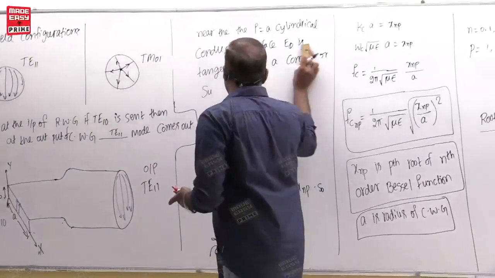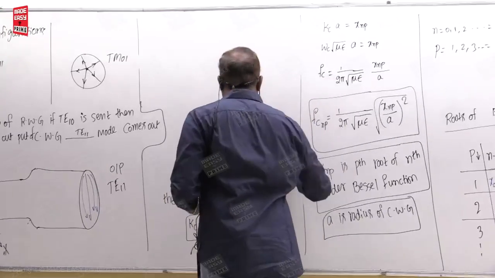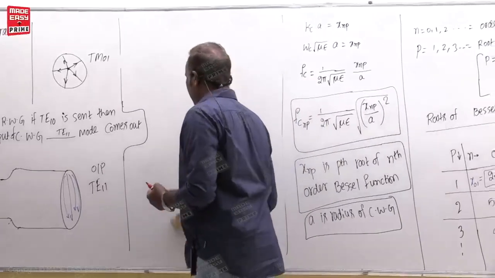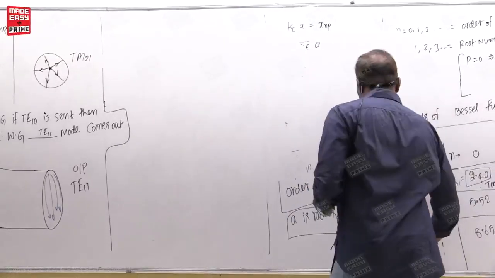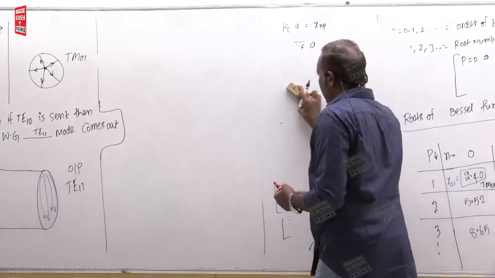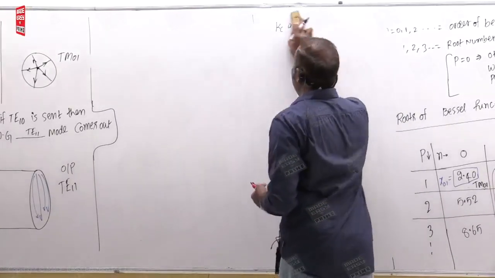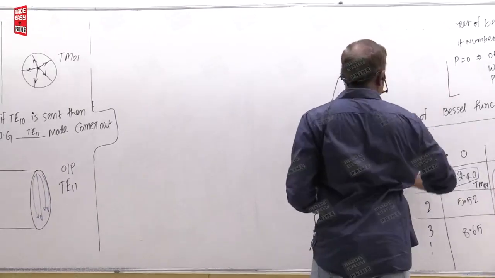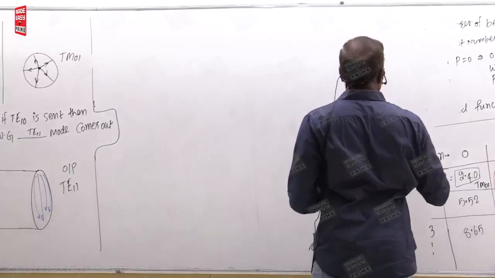Okay. And now a few points I am writing here in the note by comparing the circular waveguide and rectangular waveguide.